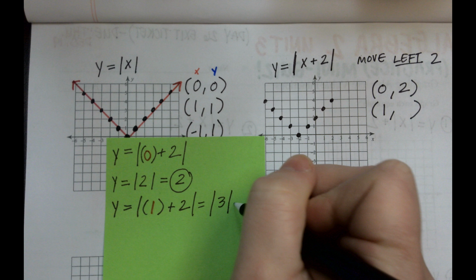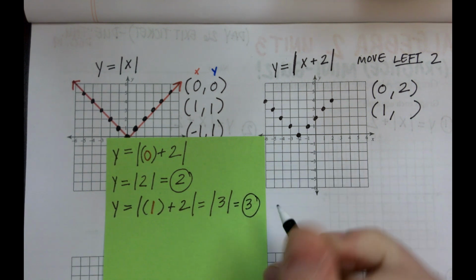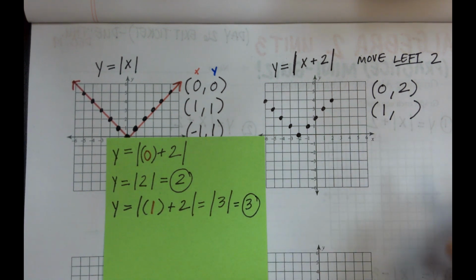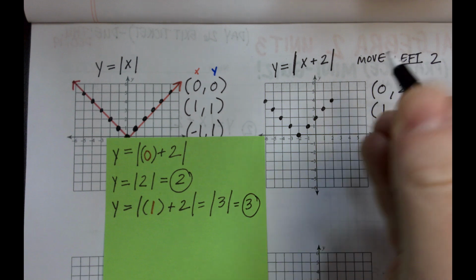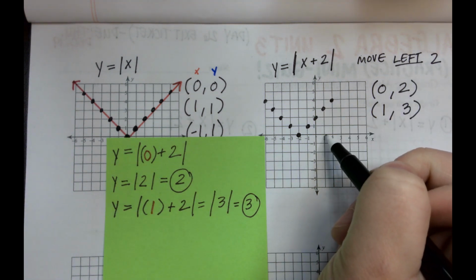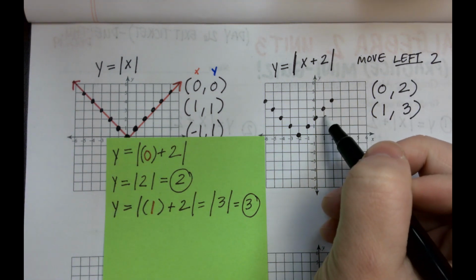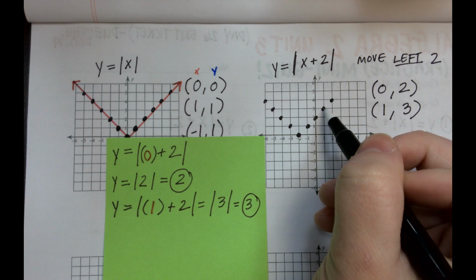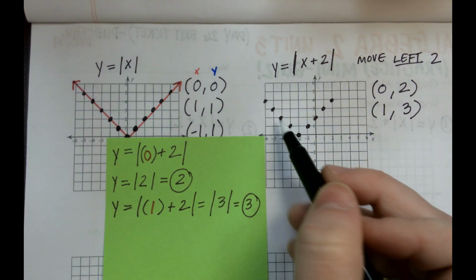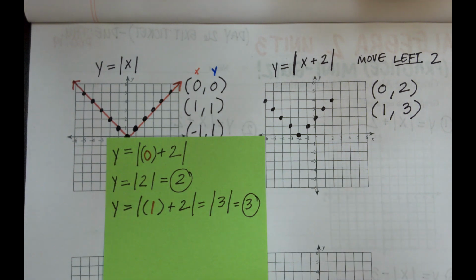The absolute value of 3 is just 3. So when x is 1, y is 3. So I go over 1, I go up 1, 2, 3. Perfect. It worked. We could get the other points by plugging in some negative numbers too.